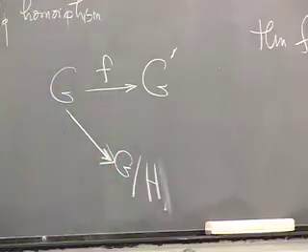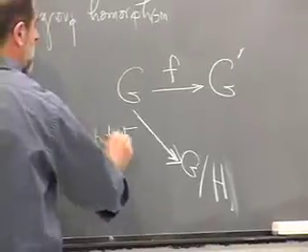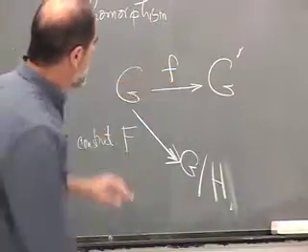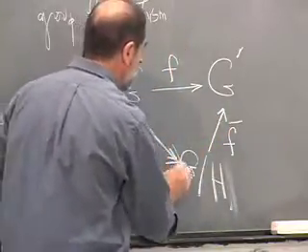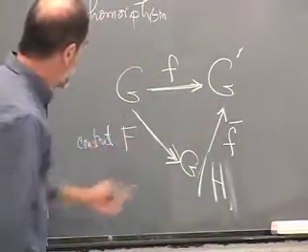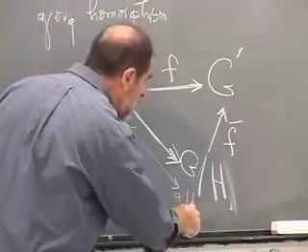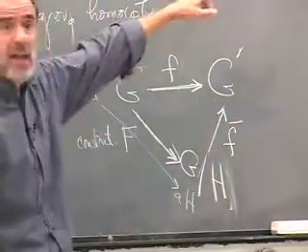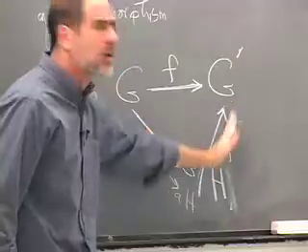We could construct this, let's call this map capital F. If you think about the construction of this map F bar, it just says that we can construct a map up here, F bar, such that the composition of these two maps is this map. Because capital F takes A to the coset AH, and then F bar takes the coset AH to what F did to A. So Peter would say that a better way of stating the isomorphism theorem is to say that any homomorphism factors through the quotient group.